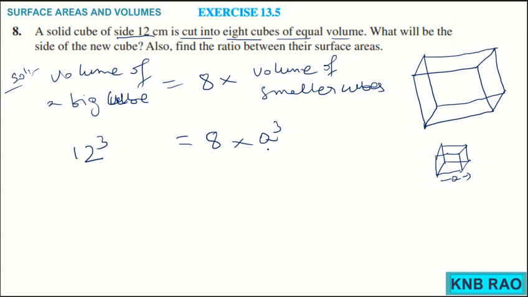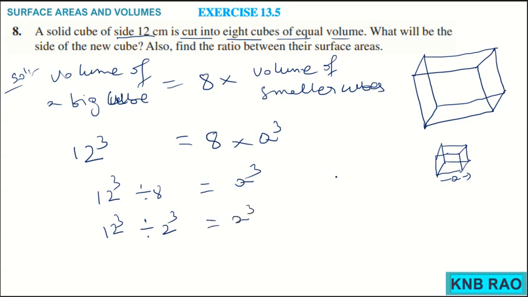That means a cube equals 12 cube divided by 8. 8 is also a perfect cube number. I will write it as 2 cube. So 12 cube divided by 2 cube equals a cube.